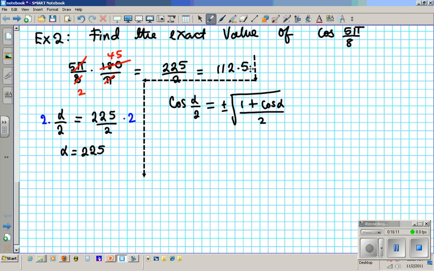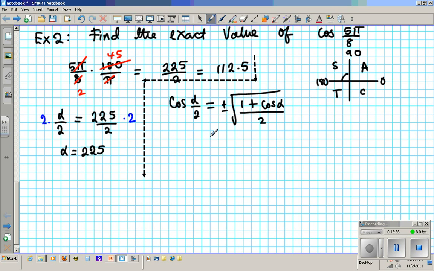Where is 112.5? What quadrant is that in? If we draw our coordinate system, this is 0, 90, 180. Oh, it's in the second quadrant. So that tells you, all students take calculus, S is for only sine and its reciprocal cosecant.